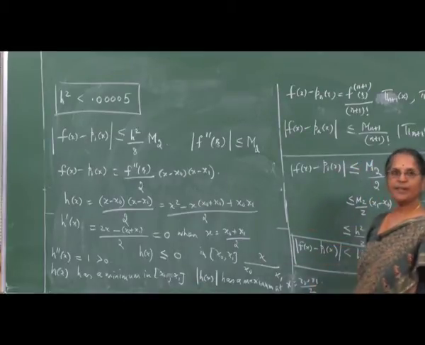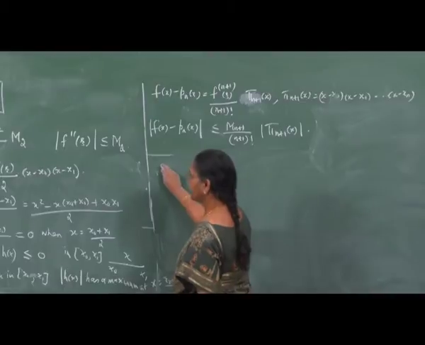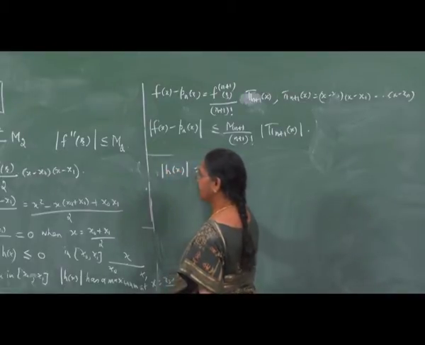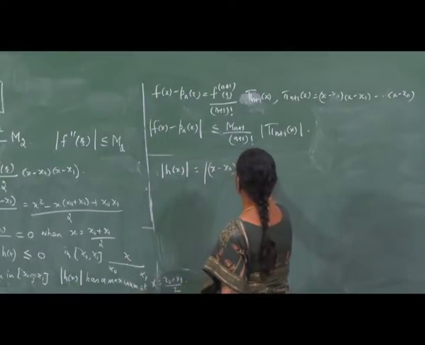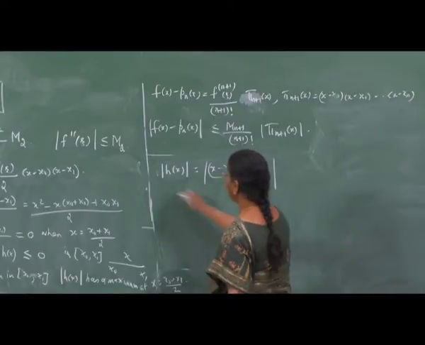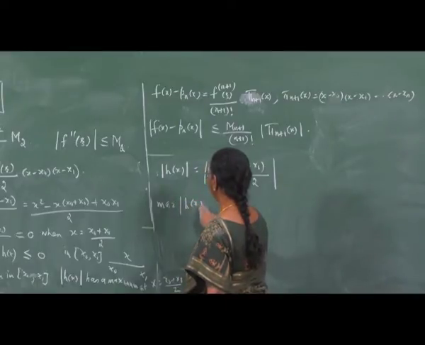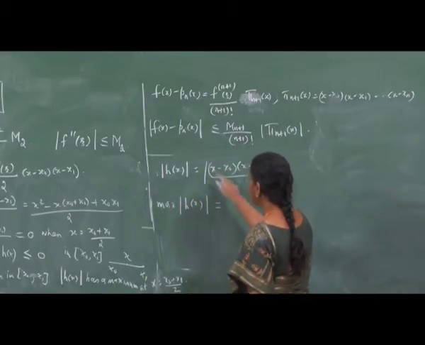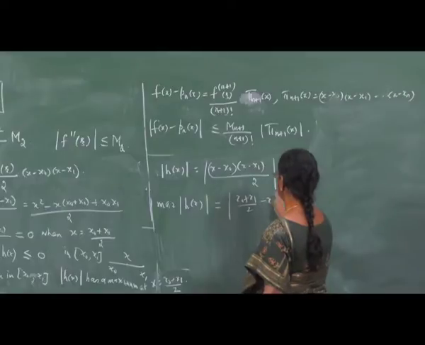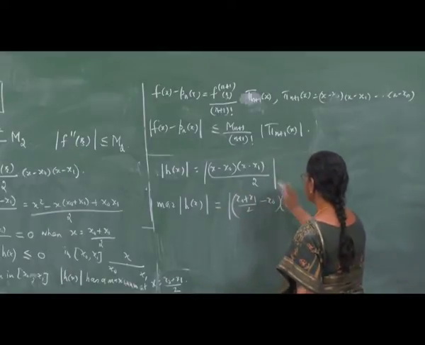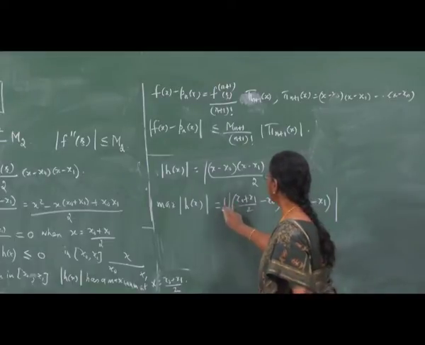So, we can compute the maximum of h of x. What is the maximum of modulus of h of x? So, modulus of h of x is modulus of x minus x naught into x minus x1 divided by 2, and I want the maximum of modulus of h of x. Where is it attained? It is attained at x is equal to x naught plus x1 by 2 minus x naught into x is equal to x naught plus x1 by 2 minus x1, divided by 2.